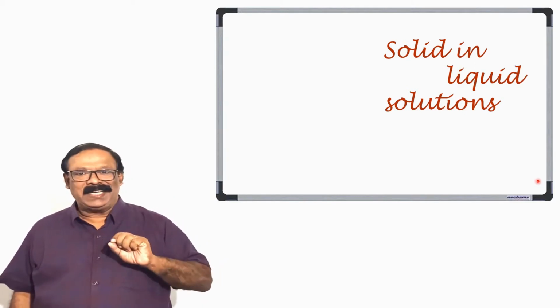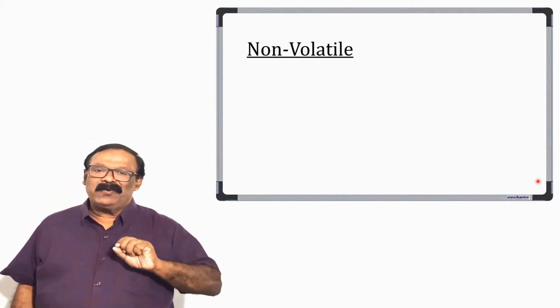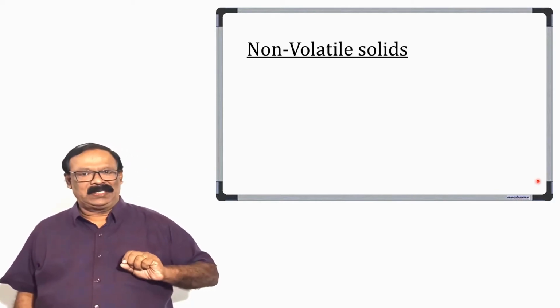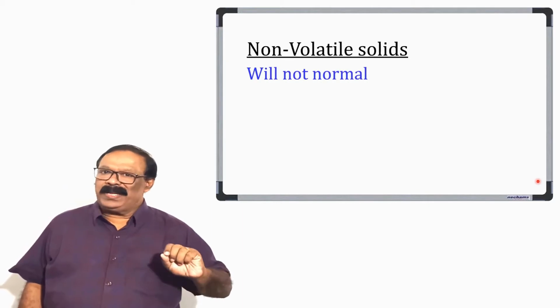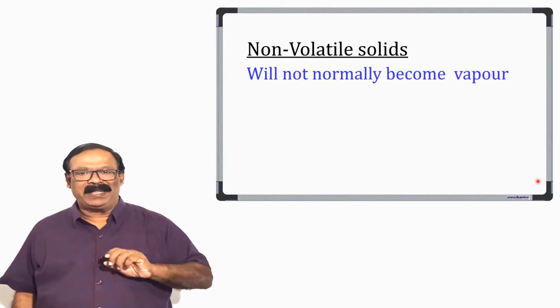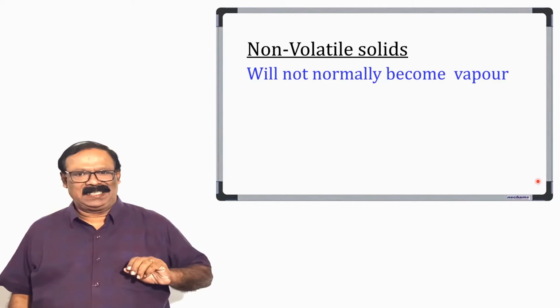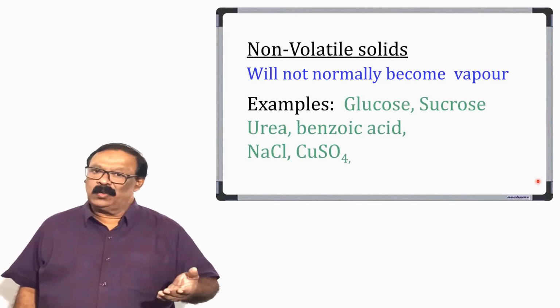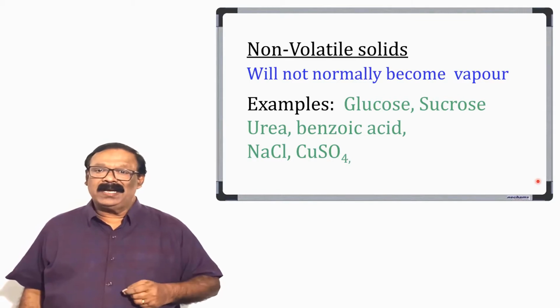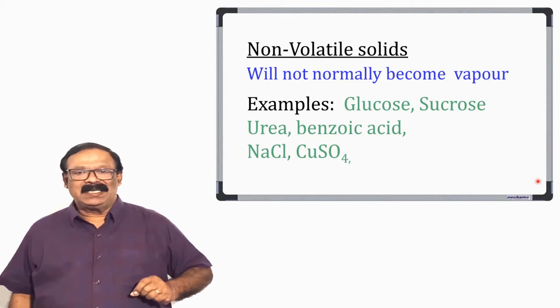No. We say sugar is a non-volatile solute. Non-volatile means it will not be becoming a vapor under normal conditions. Other examples are sodium chloride, glucose, urea, benzoic acid, etc.